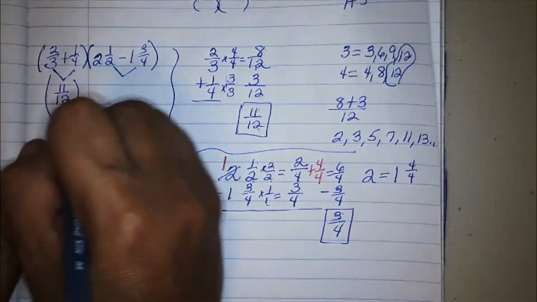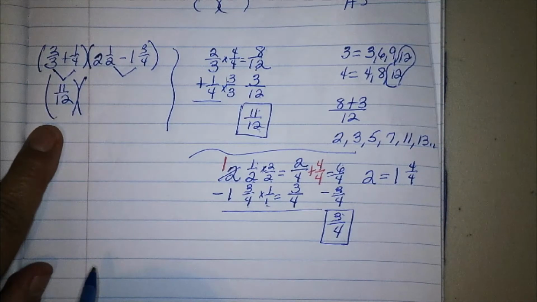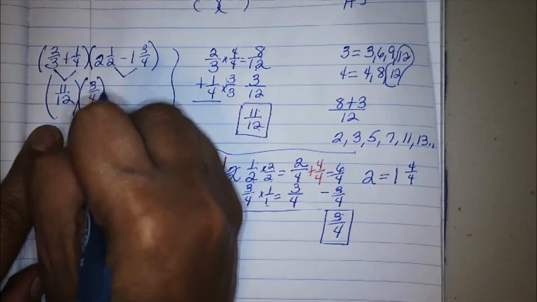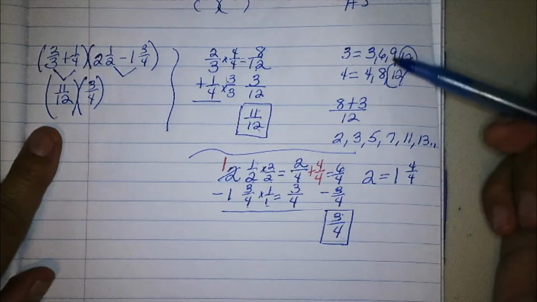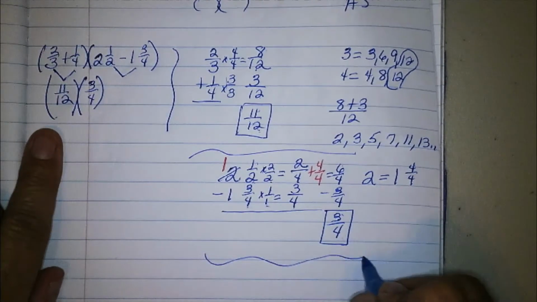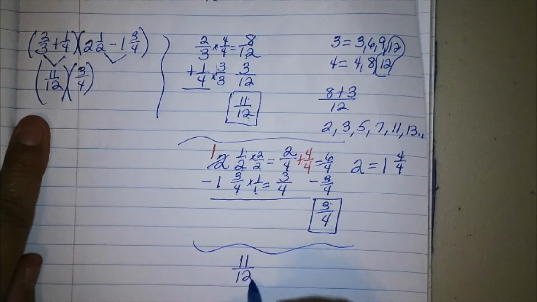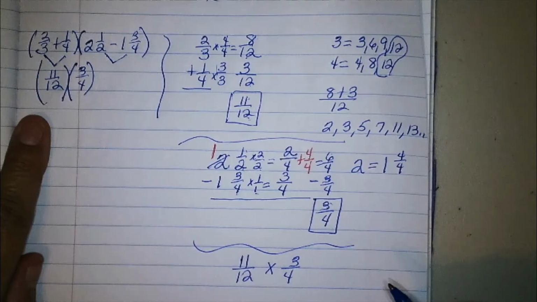So now let's write it in our original. On the left-hand side, I have 11 over 12 times 3 over 4. Let's go ahead and multiply now. So I have 11 over 12 times 3 over 4.